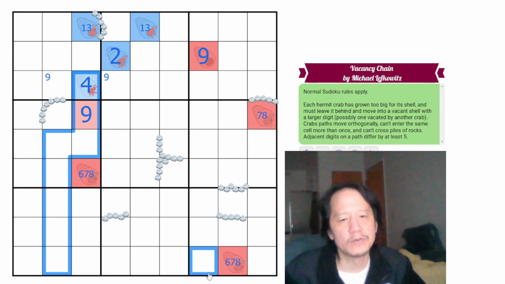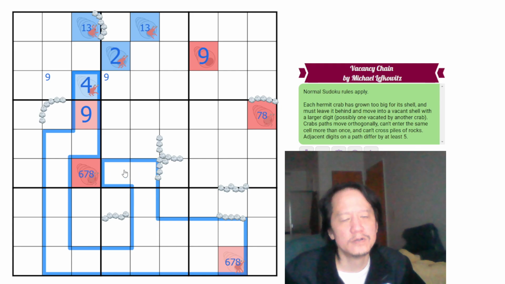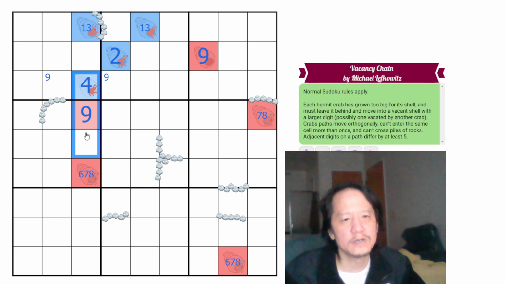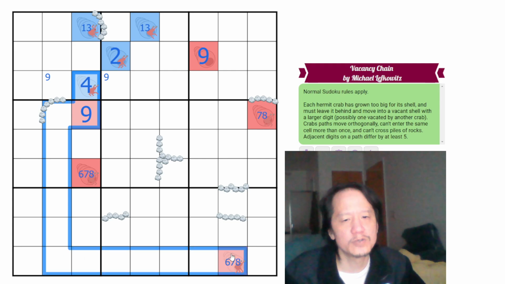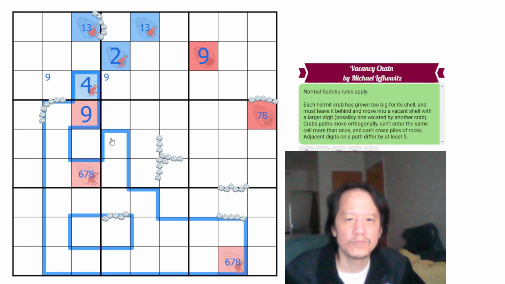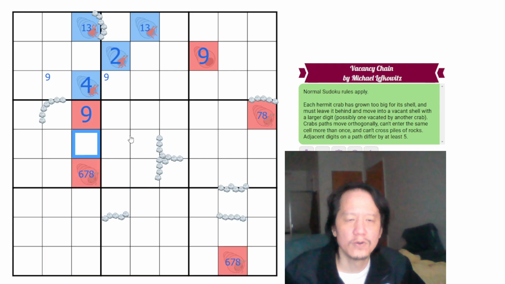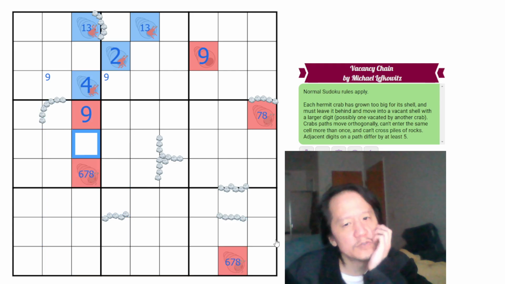Say it went around, then it could go back here. So say it went this way, right? It could go something like this, something like that, then that, right? Yeah, so that's possible. So it could connect to here.